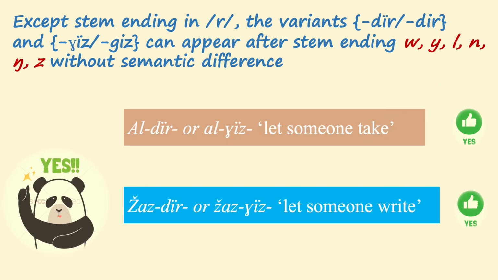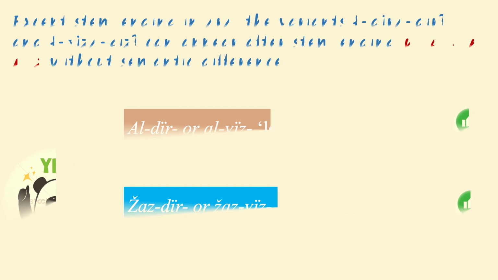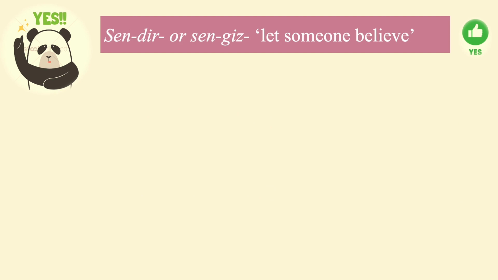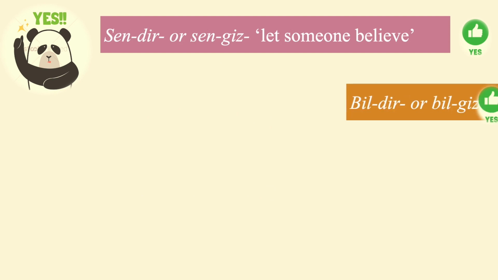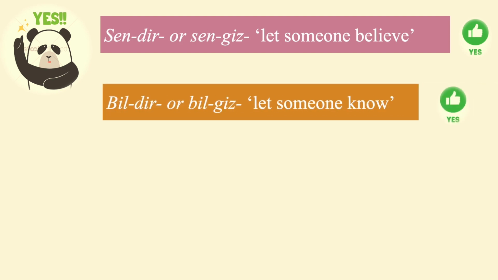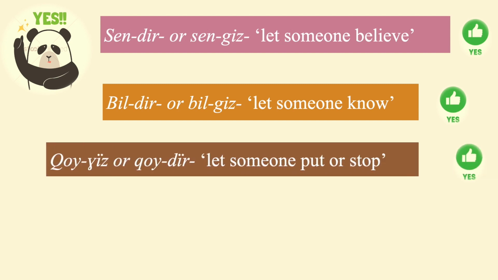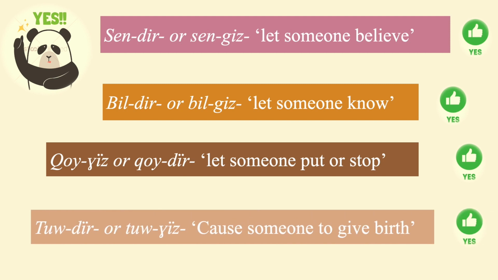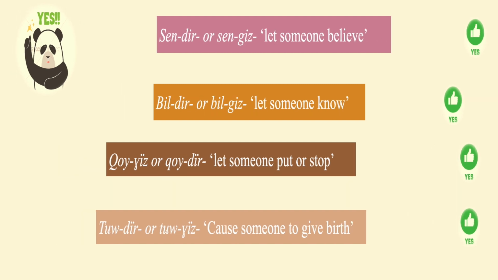Жаздыр or жазғыз, let someone write. Сендір or сенгіз, let someone believe. Bildir or bilgiz, let someone know. Qoyğız or qoydır, let someone put or stop. Tuğdır or tuğız, let someone or something give birth. All those forms are correct, so you can use the one you like.